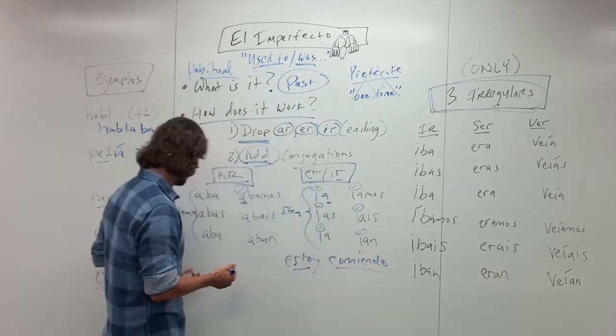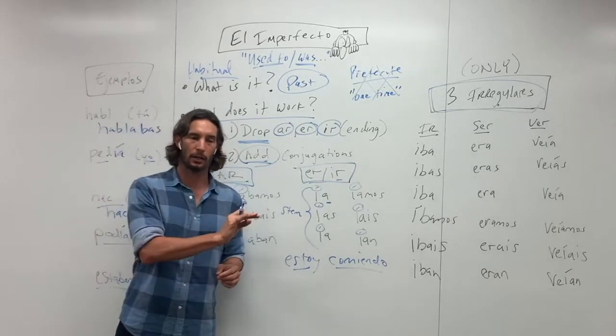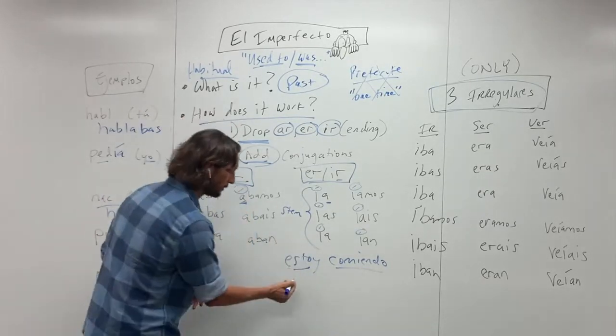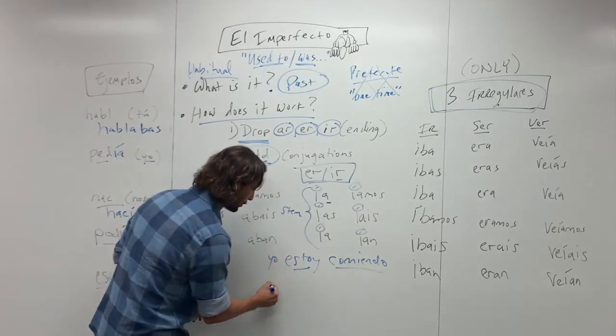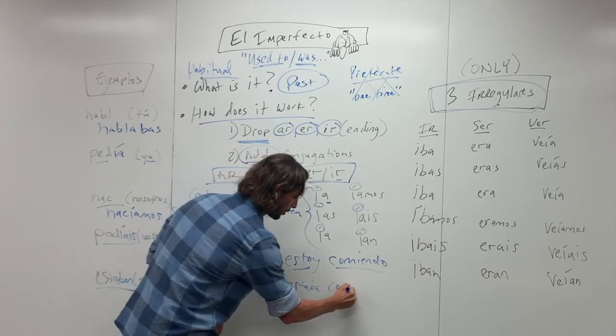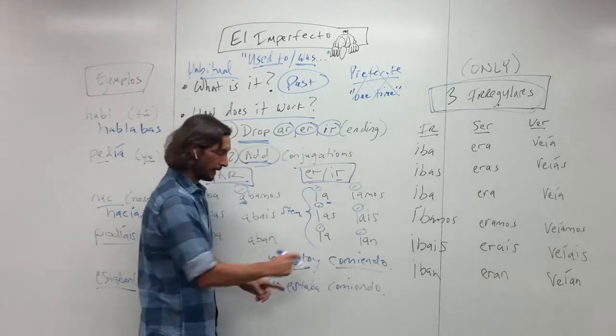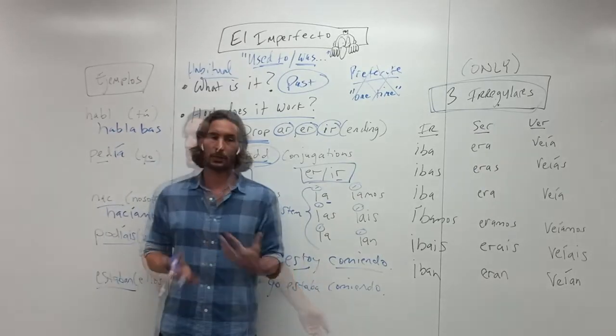That would just be estar in the imperfect, paired with the gerund. Let's use that same example. I'm going to put yo just so we're clear. Yo estaba comiendo. This one is saying I am eating, and this one is saying I was eating. That's really what you're doing there.